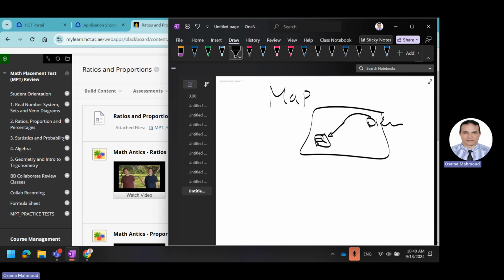This map is not the real distance, right? But if you have 1 centimeter on the map, it depends on the proportion of the scale of your map. So sometimes we say every centimeter on the map corresponds to how many centimeters? 100 million, for example, right?